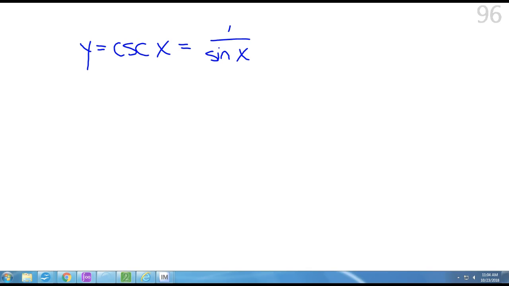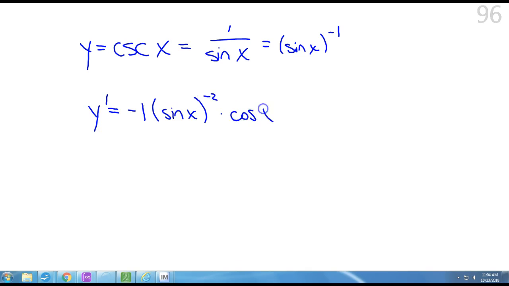Oh, but yeah, I don't mind you checking. So, if I rewrote this, sine of x to the negative first, so your derivative, bring down the negative 1, leave the sine alone, reduce the power by 1, multiply by the derivative of the inside. So now we get negative cos over sine squared, which is not wrong, it's just not simplified all the way yet.